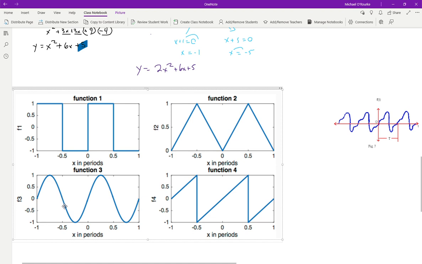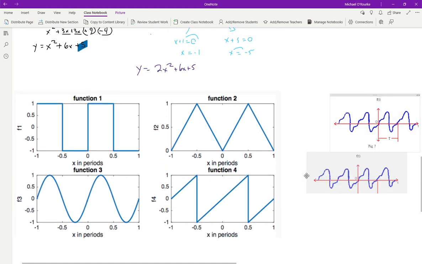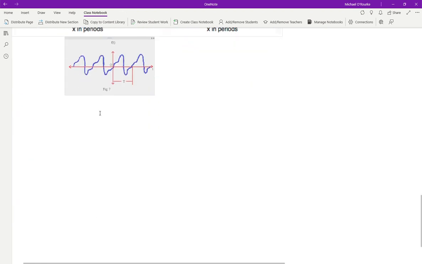This here is actually a sine curve, which we'll start learning about. But everything, repeatable pattern. So if we kept going on this, even this one here, it's kind of ugly, but it looks the same thing over and over again. Okay?